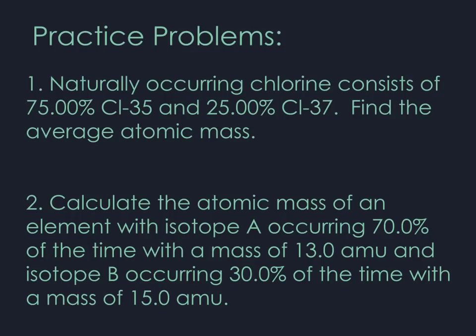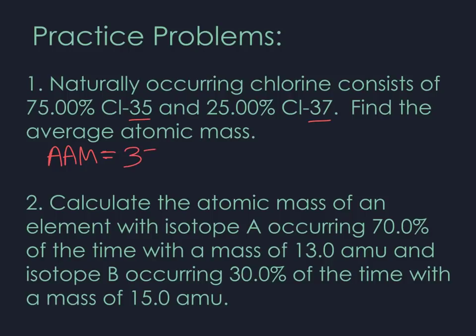Okay, I'm going to go through this first one again with you guys, and then I'll give you the answer for the second one, and you can work through that one on your own. For the first one, if we're calculating average atomic mass, I'm going to take the mass of the first one. In this case, it's just going to be a rounded whole number. That's not extremely common, so don't always assume that it will be.